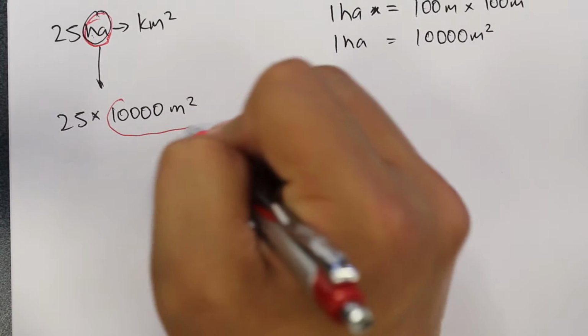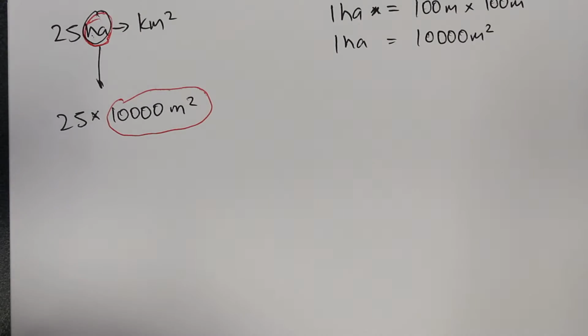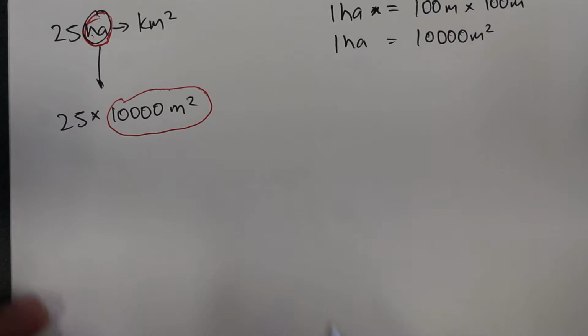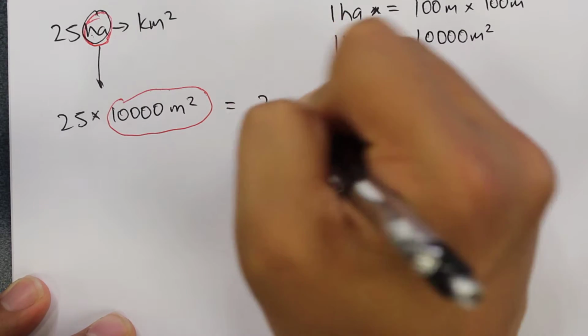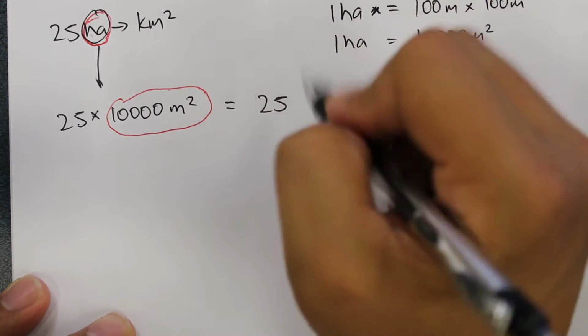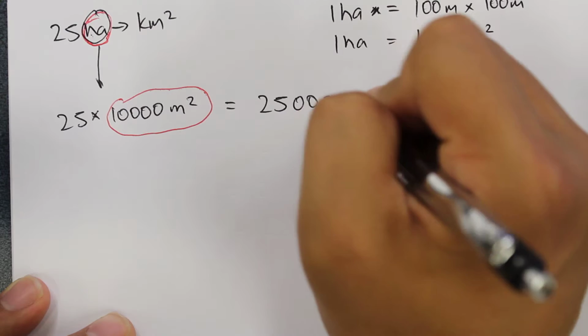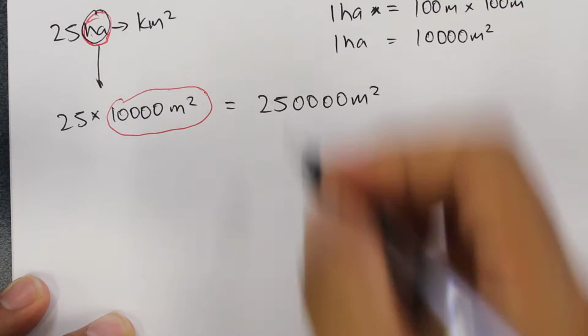Now what we can do is equate this value. So this is 2, 5, and then multiply this out, 0, 0, 0, 0 meters squared.